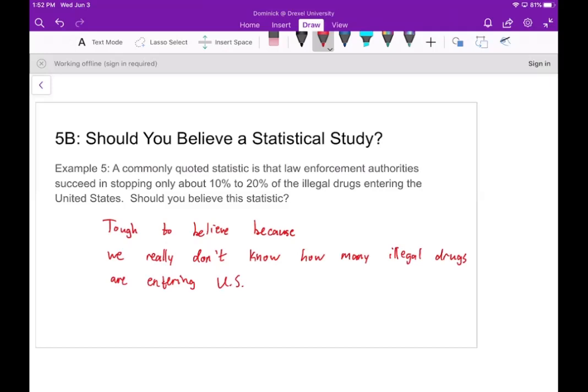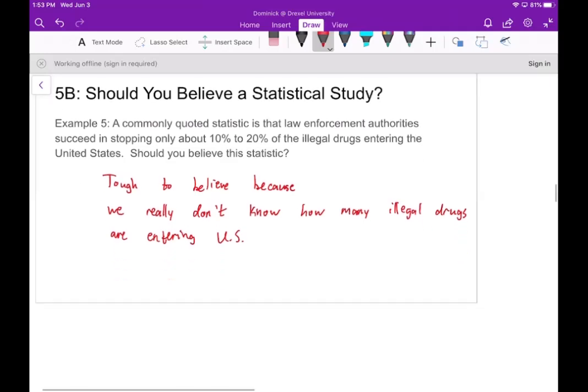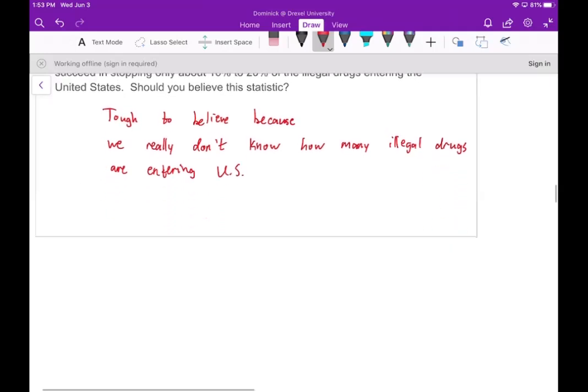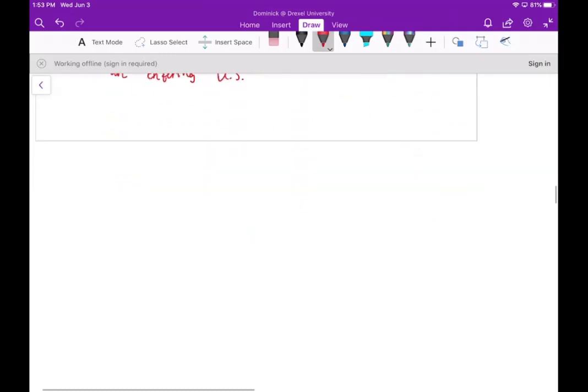Right, so it's tough to put 10 to 20% on that if we don't really know how many illegal drugs are entering the United States. So this is one of those statistics that would be tough to believe, right?